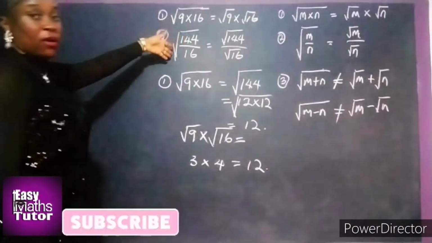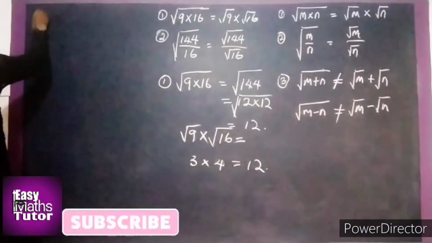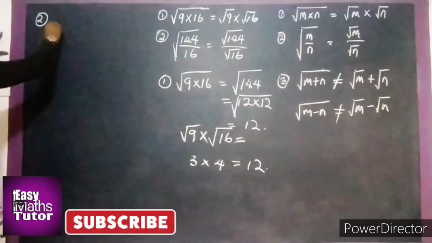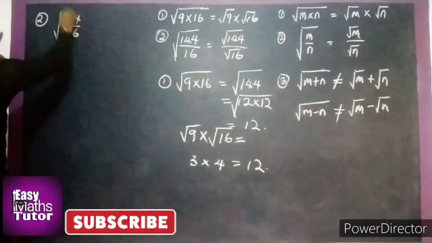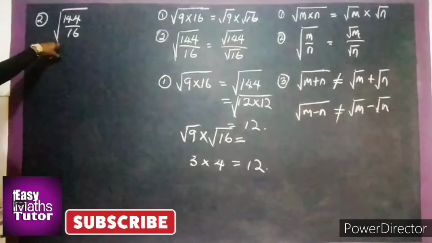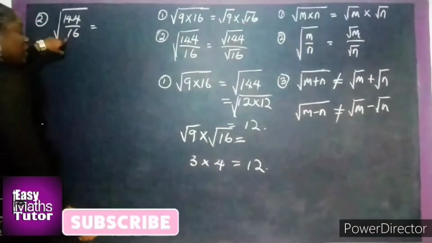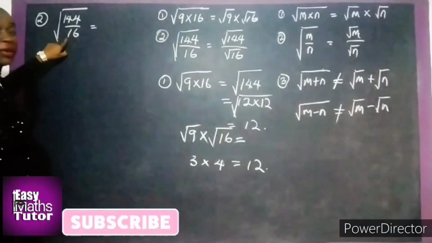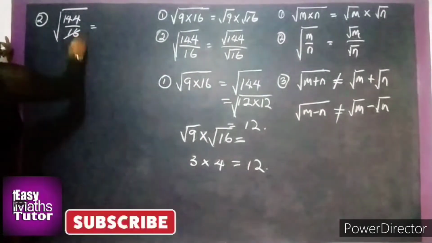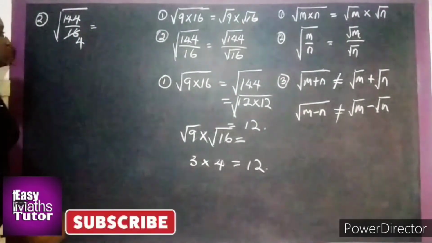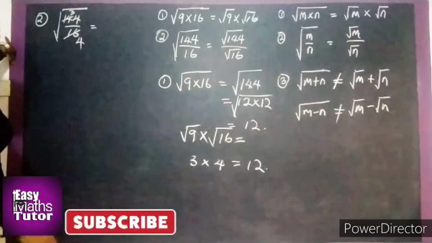So let's test the other scenario. Now, the second scenario, we have 144 over 16, all square root. So, 144 divided by 16, we're going to divide it, right? So, if we have 4 going in here, we'll have it 4 times. 4 going into 14, we have it 3 times.